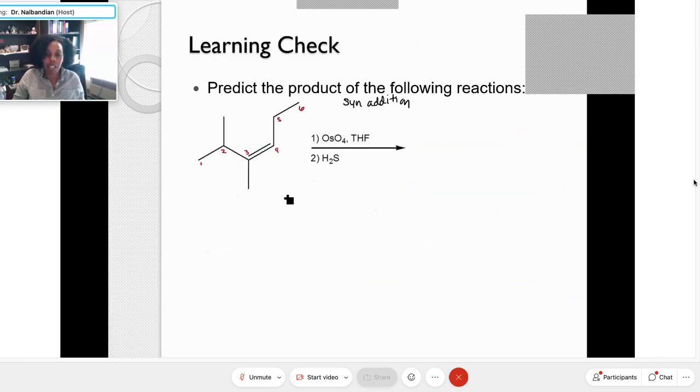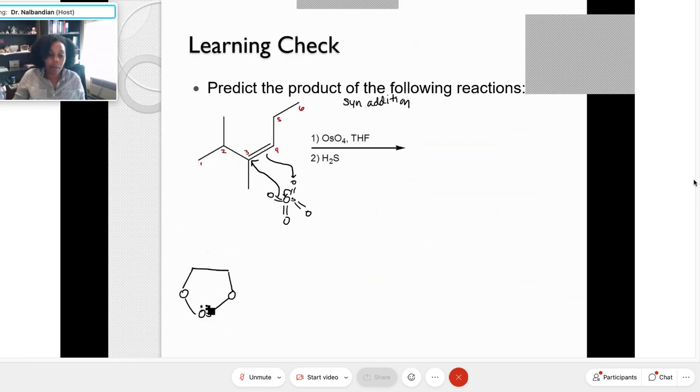So osmium tetroxide, we have our osmium with 4 double bonds to the oxygens. We attack one of the oxygens, we move electrons in onto the osmium, and then from the next double bond, we attack the other carbon of the double bond. Again, we're doing this from the bottom, so I'm going to do oxygen, oxygen, osmium.